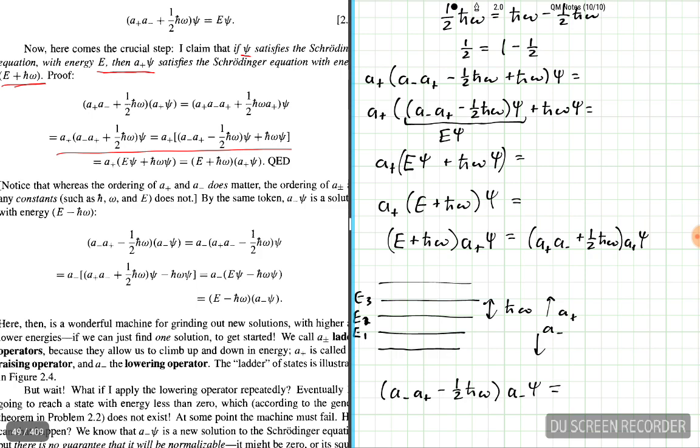We do the exact same thing here, except you'll notice that to get negative 1/2 h bar, negative 1/2 is the same as negative 1 plus 1/2. So instead of getting a positive h bar omega, we will get a negative h bar omega. So our energy will go down by h bar omega.